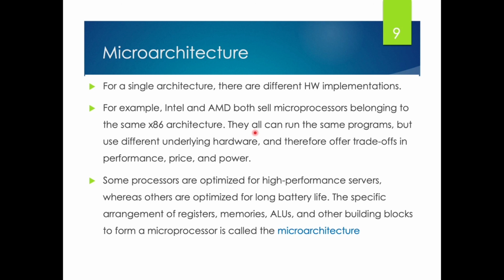But the internal hardware is different because they use different microarchitectures. The trade-off is that with different microarchitectures, the AMD CPU can have a higher performance with a lower price, and the power consumption may be lower, right?